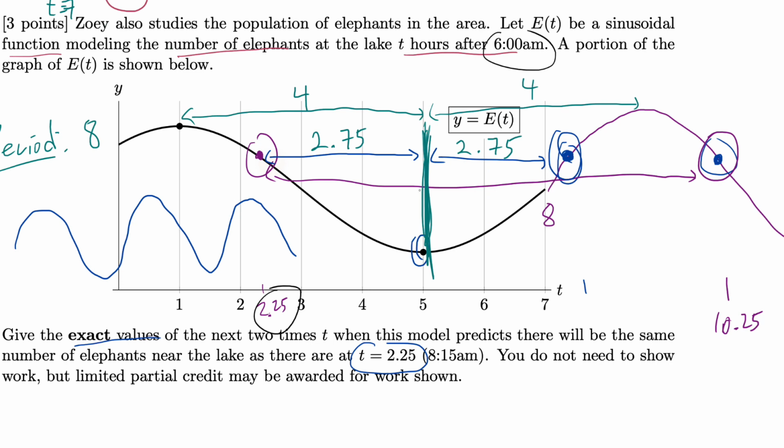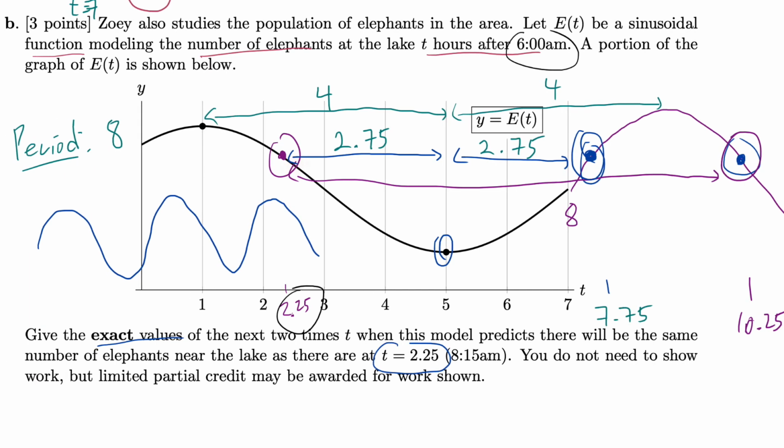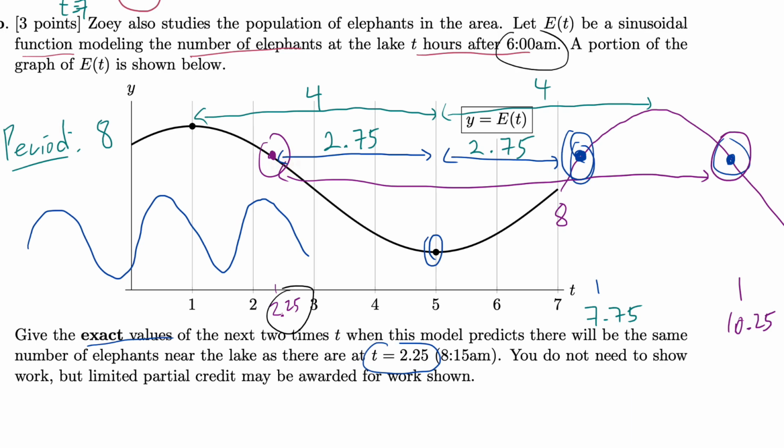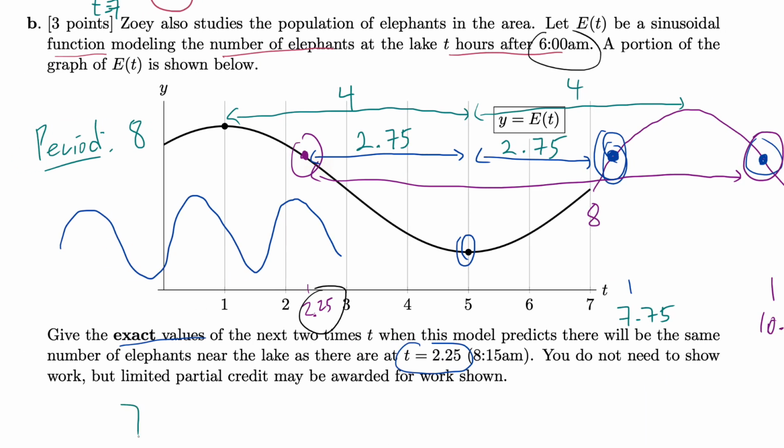The sine curve looks symmetric about the reflection across this vertical line. So that's telling you that the x coordinate of this point is 5 plus 2.75, or 7.75. In conclusion, we have found that the 2 values are 7.75 and 10.25.